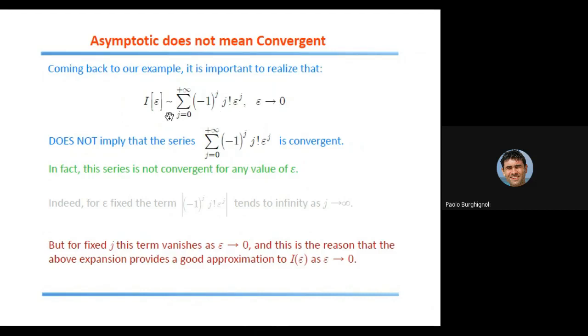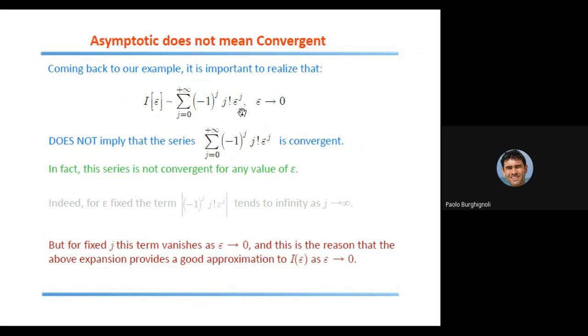This is an asymptotic expansion in the limit when epsilon tends to 0, because it satisfies the definition of an asymptotic expansion. So we have an asymptotic sequence here, and the difference between the function on the left-hand side and any truncated version of the infinite summation on the right-hand side is of the order of the first neglected term.